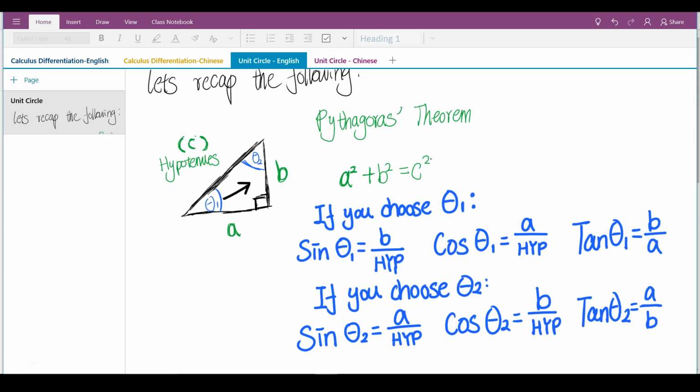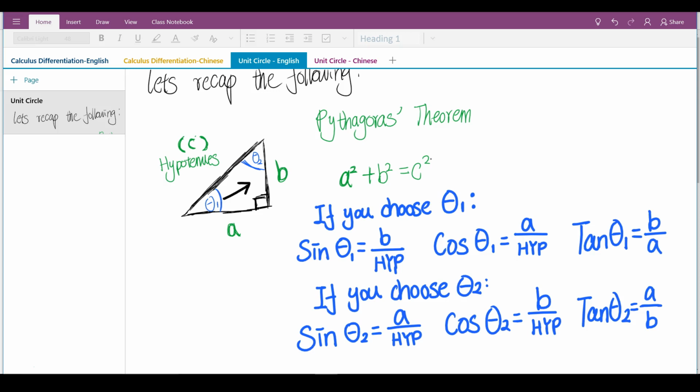If we are using theta 1, cos theta would be equal to A over hypotenuse. In this case, A is the adjacent side. If you look at the diagram, side A is literally adjacent to the angle theta 1, hence the name adjacent. So cos theta 1 is equal to adjacent over hypotenuse.